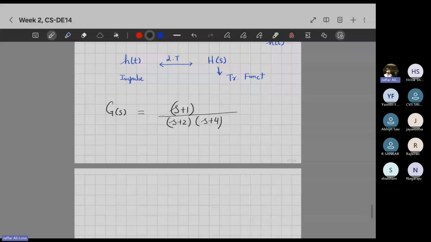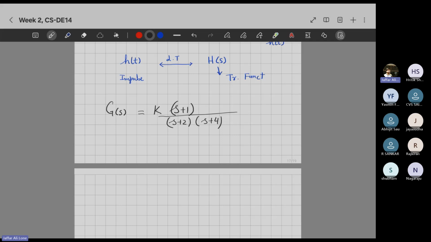But there is some constant normally here, some constant K, which is normally multiplied. If you have seen some questions, you have something like 10 into S plus 1 divided by S plus 2 into S plus 4. Since I do not have the complete system information, I need to assume this K to be unknown, because there is nothing given directly. But yeah, there has to be this K when you write a transfer function.